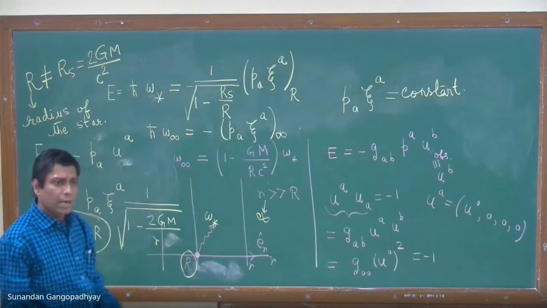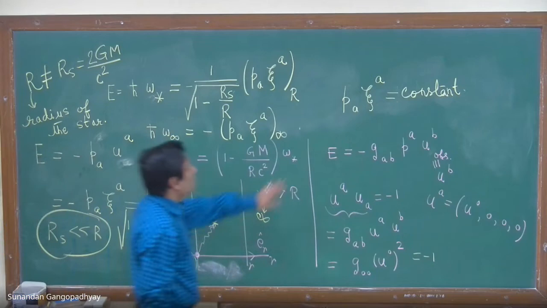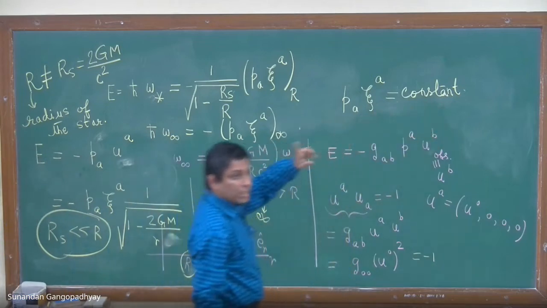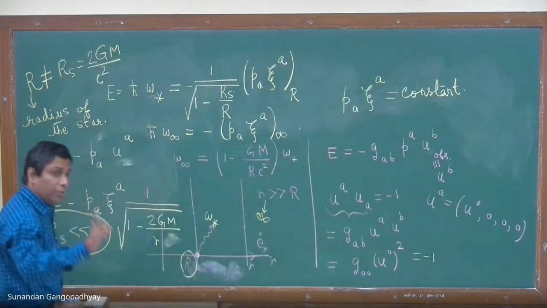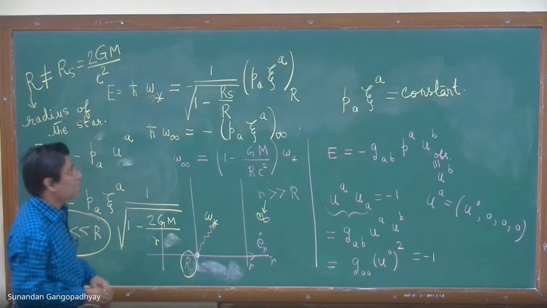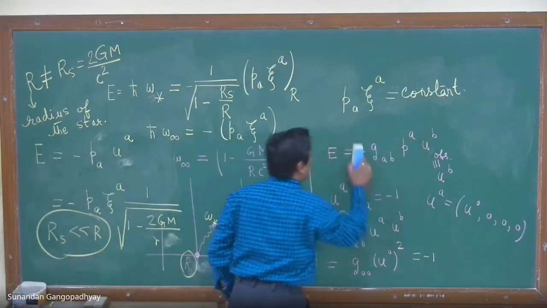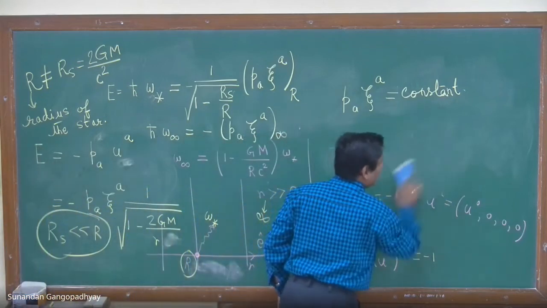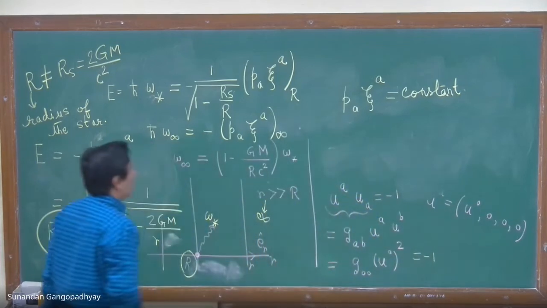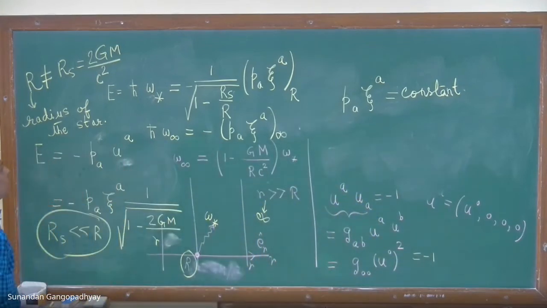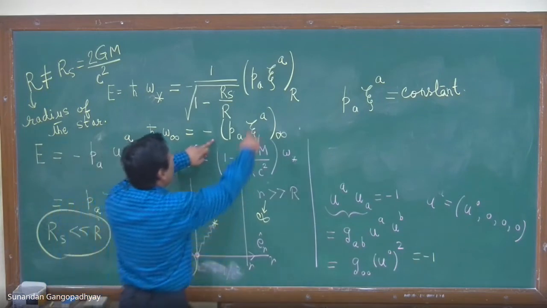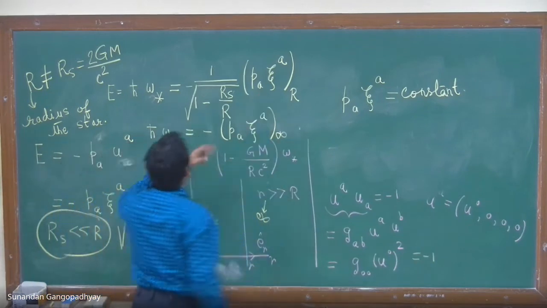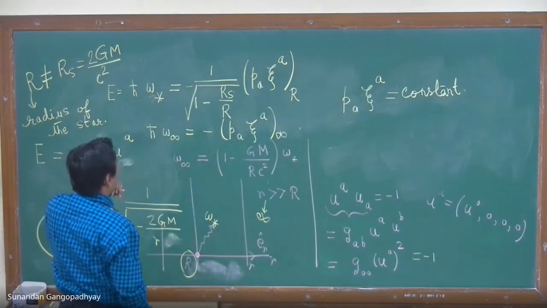Just keep this in mind for the time being. This P_A psi^A is a constant along a geodesic, not along anything else. We shall prove it later, once we learn what geodesics are. But for that, we need to have the understanding of geodesics.